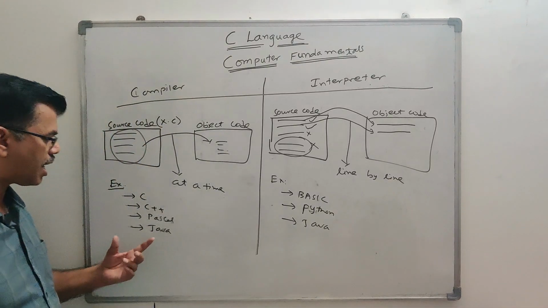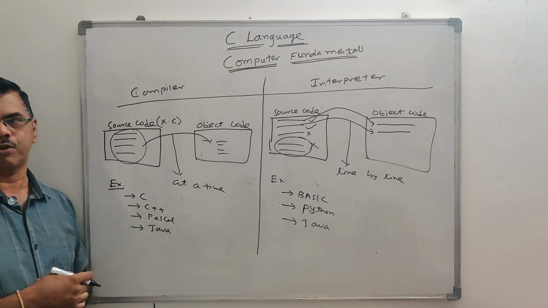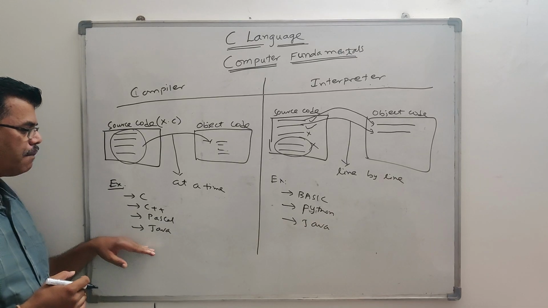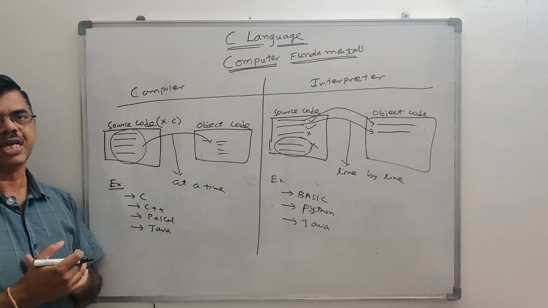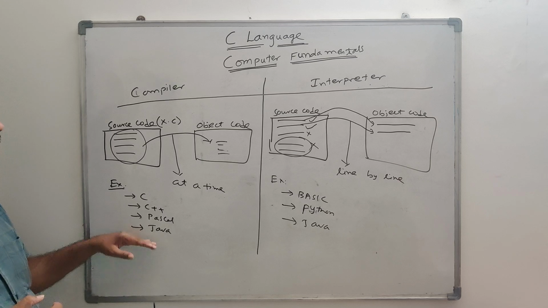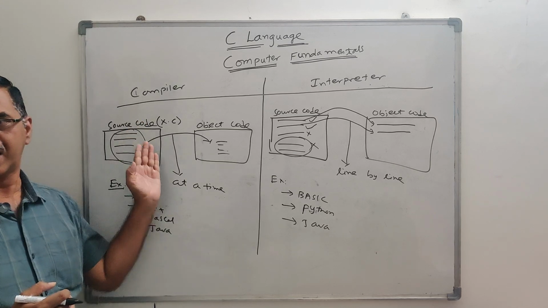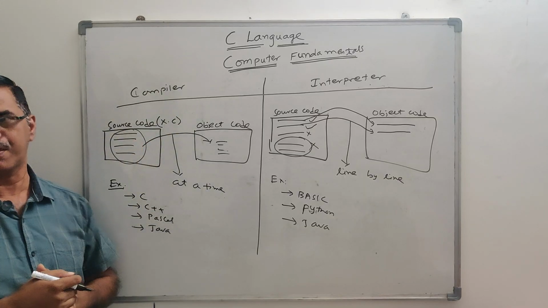Java is both compiler as well as interpreter. It plays both roles. Once we compile a Java program into object code, that code is executed by a Java interpreter. So Java is both compiler as well as interpreter. This is very important.